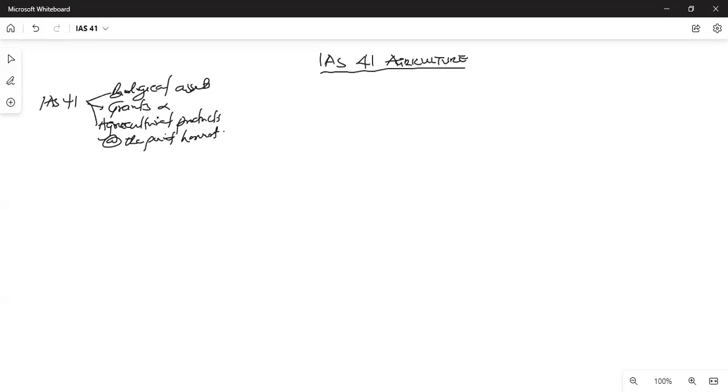So you realize that products that come as a result of processing your harvest will now be dealt with under IAS 2 because it becomes an inventory or maybe any other applicable standard. Right. So we want to go ahead and try to talk about what we are supposed to go through and learn under the IAS 41. As usual, like I said, I will start with definition.